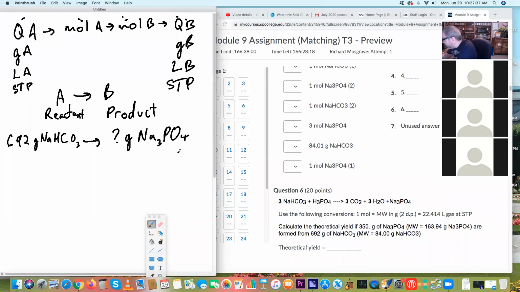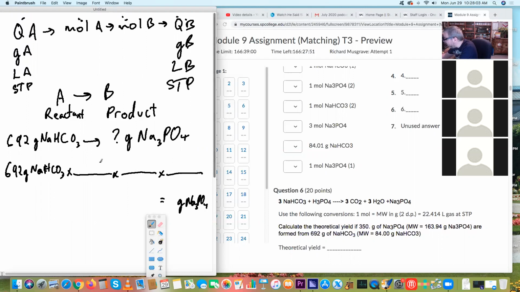So the idea here is to do the same thing as we were just doing. We're starting out with NaHCO3, 692 grams, and what we're looking for at the end is grams of Na3PO4.